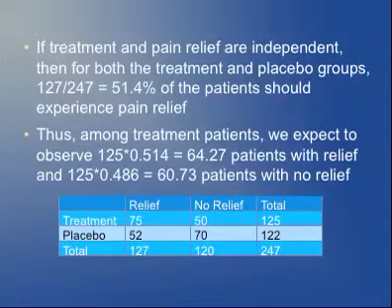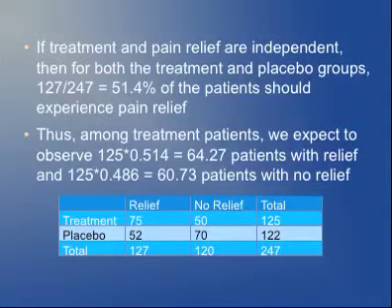So, in general, if you work out the math, to get the expected count in any particular cell, you can take the row sum and the column sum for that cell. Say we want to find the expected number of people who experience pain relief in the treatment group.